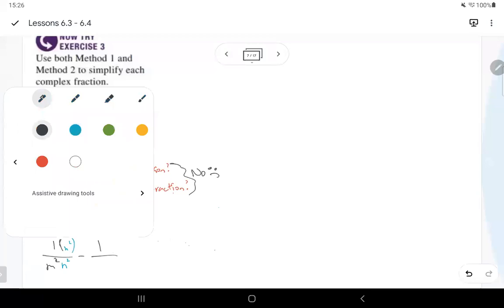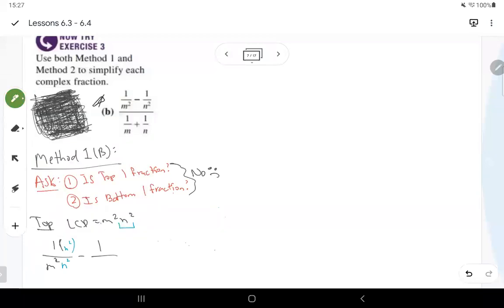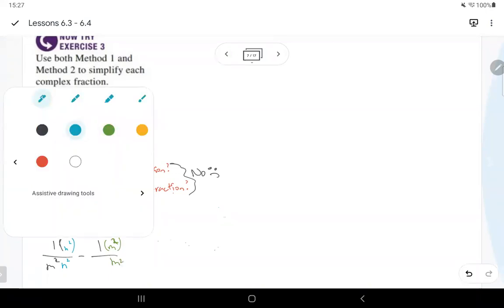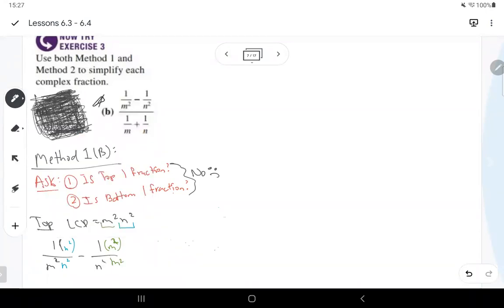And then the next question is, what do you need for the next part? Well, you need the m squared. So then the top is now n squared minus m squared over m squared n squared.